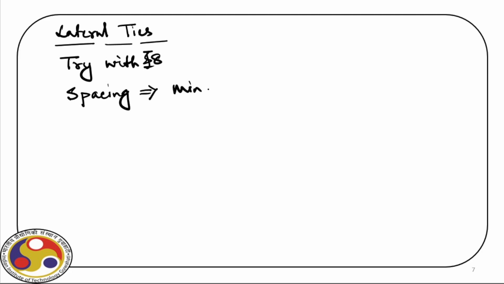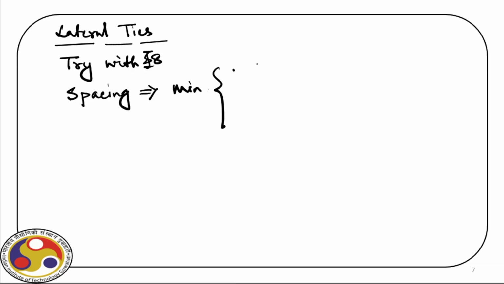For that, let us try with phi 8 bars. Then the spacing of lateral tie is minimum of, if you recall, there were three conditions.